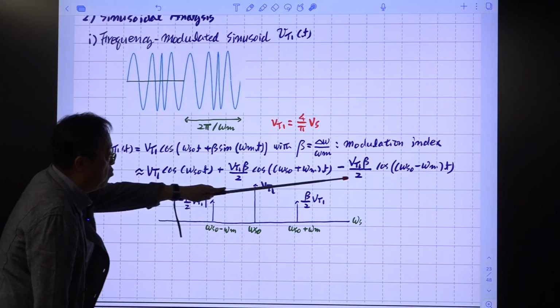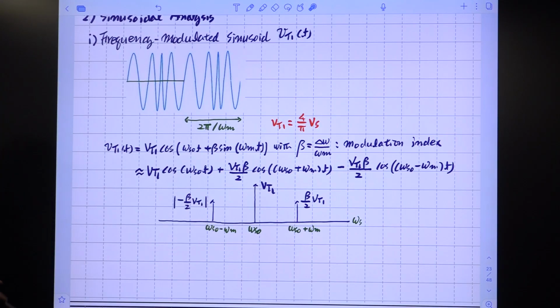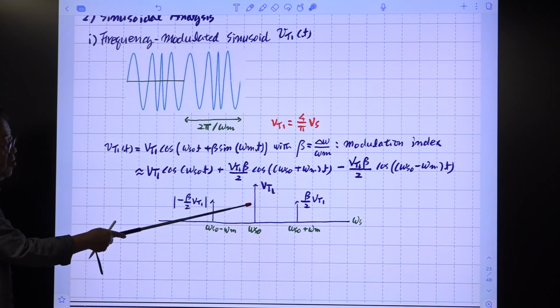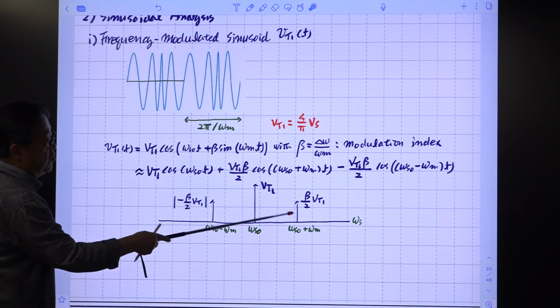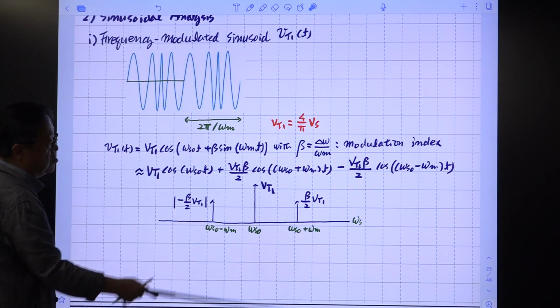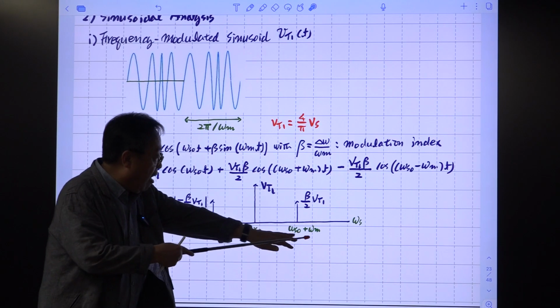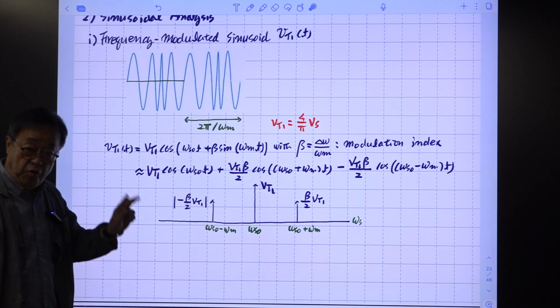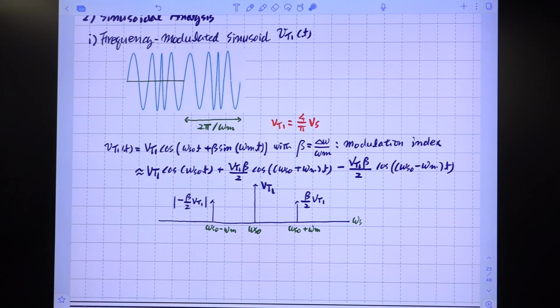All right? So in terms of this spectrum, we only consider 3 terms. One is the unmodulated switching frequency component. The others are the modulated switching frequency components, where the frequency will be larger and smaller compared to this. So we only consider 3 components here.